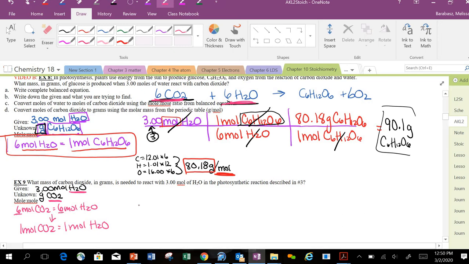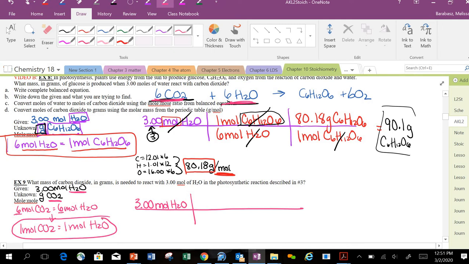Okay, so we're going to start with our given. I'm going to draw my fence: 3.00 moles of water. We're trying to cancel out moles of water, so we use the unit that allows us to compare. Our goal is to use this mole-to-mole ratio.